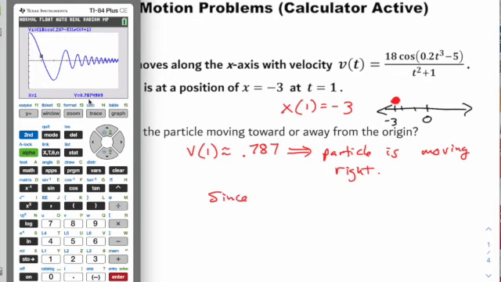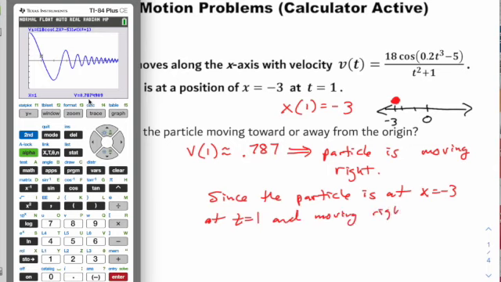Since the particle is at x equals -3 at t equals 1, and moving right, it is moving toward the origin.